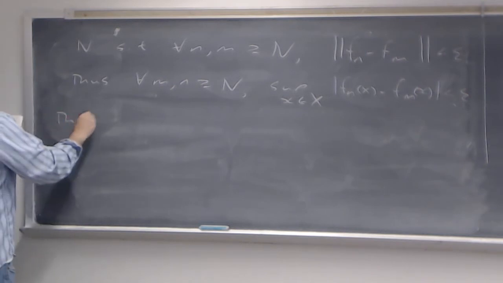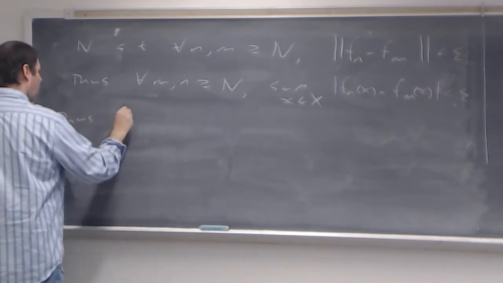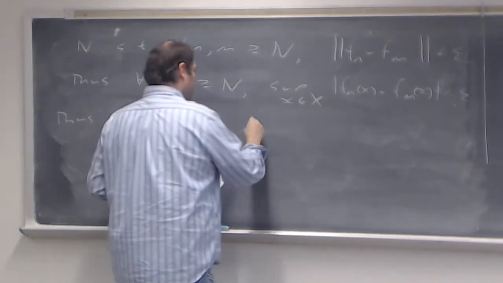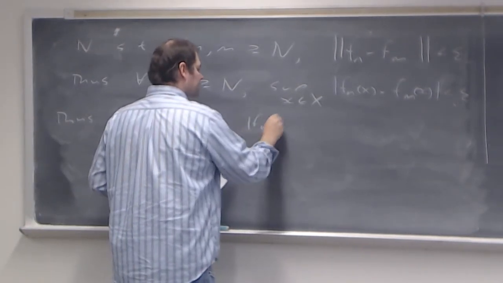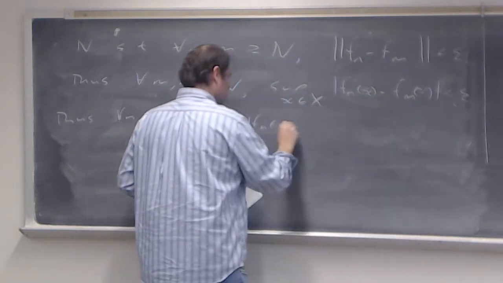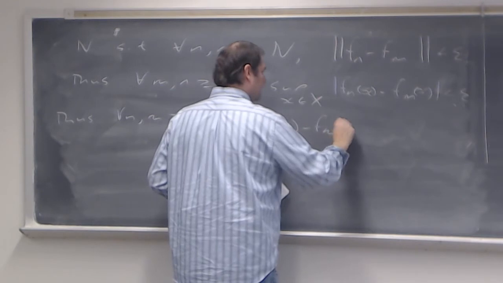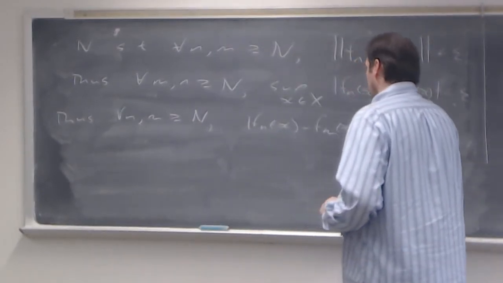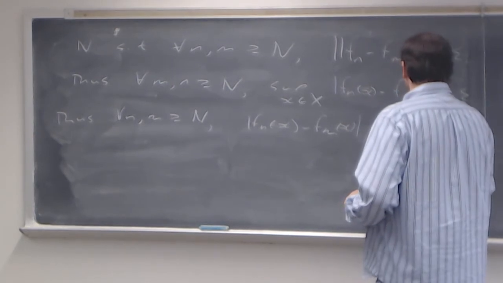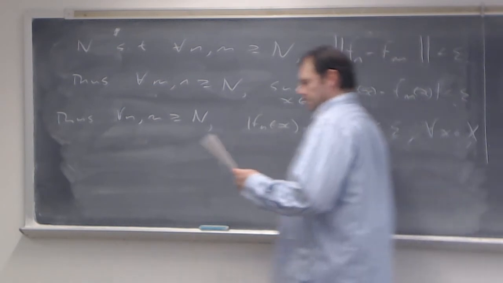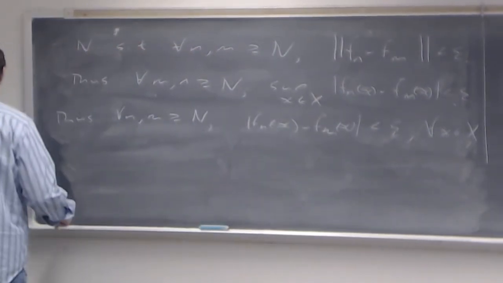Thus, for all n and m bigger than or equal to big N, that says that |f sub n of x minus f sub m of x| is going to be less than epsilon, and that's true for all x an element of big X, the domain.